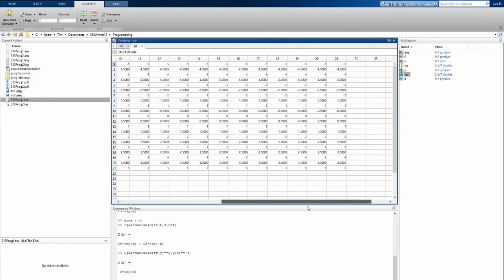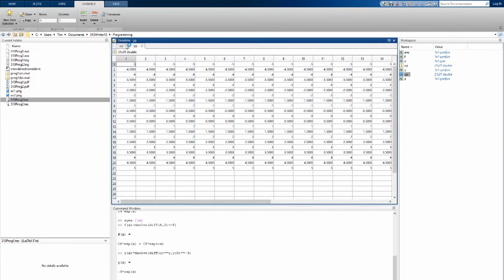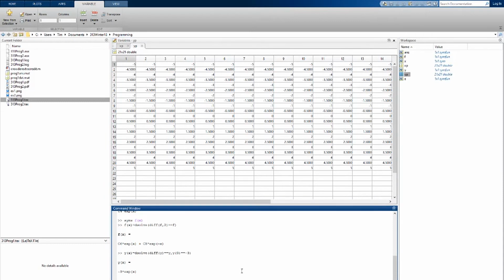And so when you pair these two matrices together, XP and YP, you pair each corresponding entry, and you have an x value and a y value for one point where you want to make an arrow for your directional field. And now, how can we make that arrow?